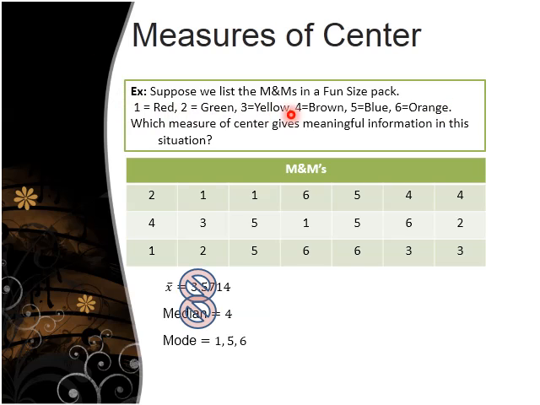If we switched the numbers representing them, then our mode would switch, but whatever number was representing red would still come up as the mode. So the mode does tell us something interesting, namely, what colors come up the most.